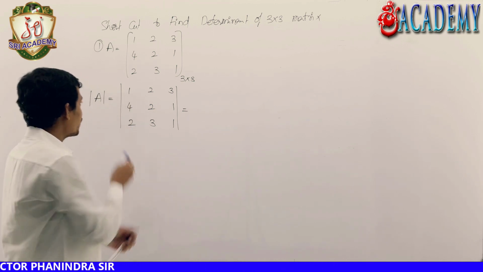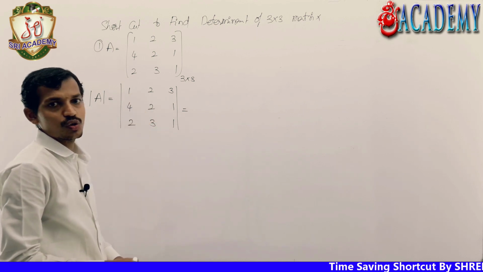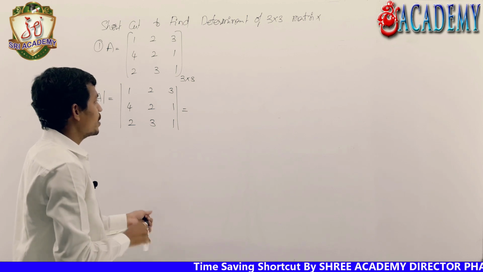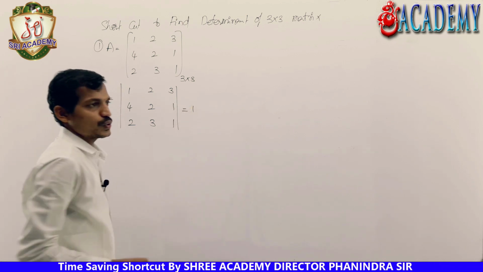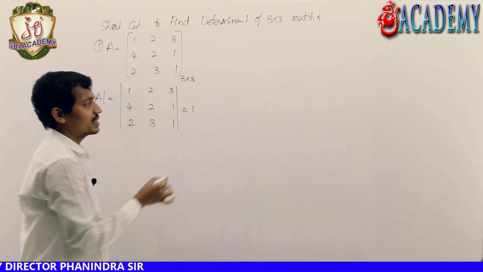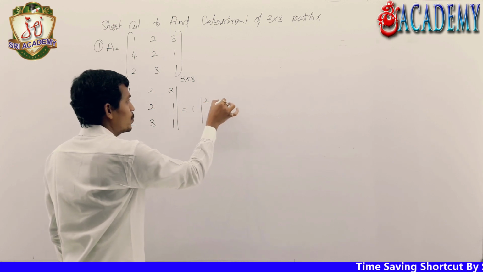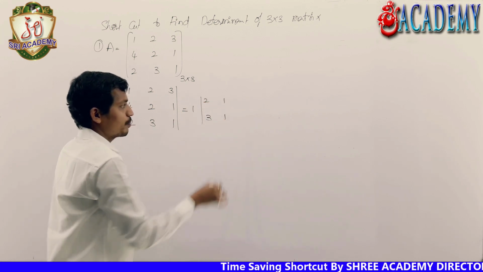I am expanding the determinant using row number 1, that is 1 into, after eliminating the first row and first column, you get one matrix, and that matrix determinant is this one: 2 1, 3 1.